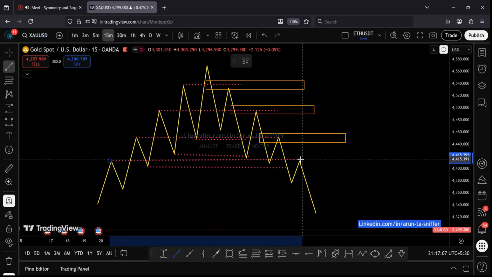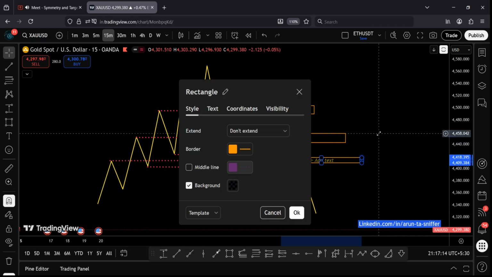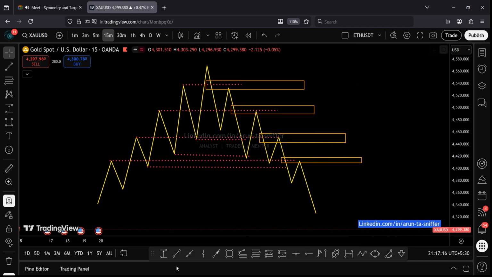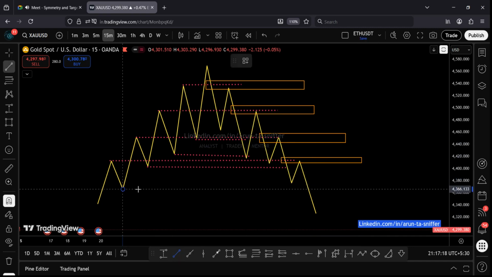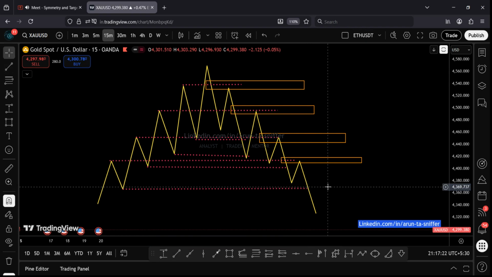When price goes to this LSK, this kink, it will come down to this. When you keep trading and get some experience, you will see these things happening in the market.